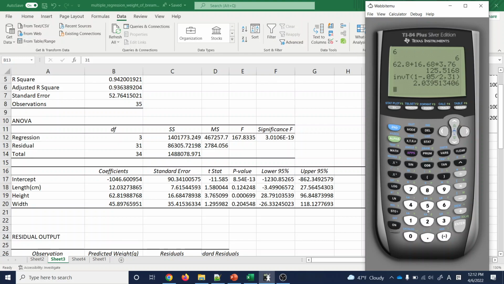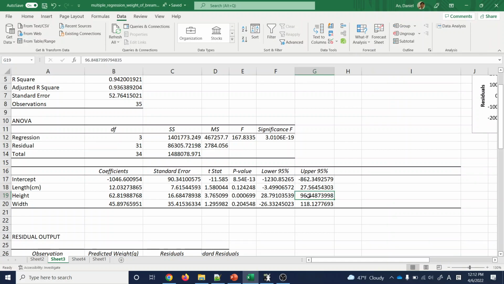You have 62.8 plus 16.68 times 2.039. Then you get 96.8 something, which is this value, right? So that will be another type of question that you will have on the exam. You might have these left blank, and you're only given the standard error and the coefficients.